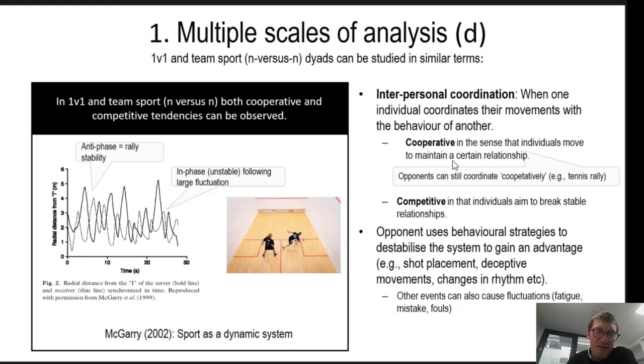So cooperative interpersonal coordination is where the individuals move in such a way as to maintain a particular relationship. They're trying to sustain a particular way of moving together. A competitive situation is where one or another individual is trying to break an existing stable relationship.